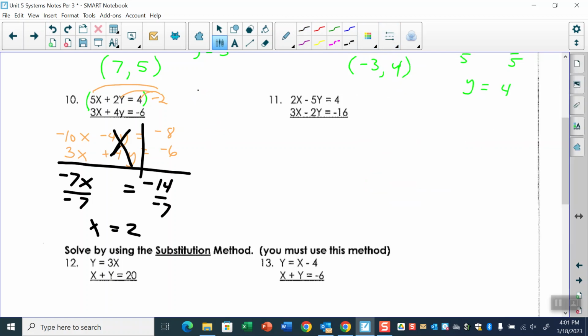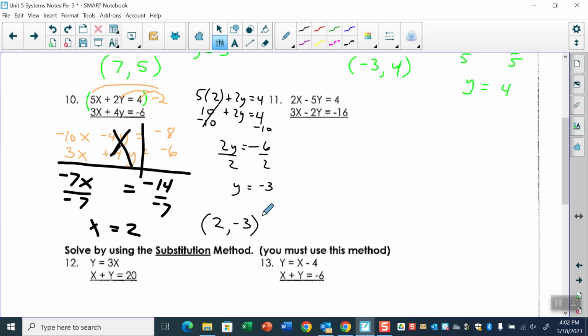So that would be 5 times 2 plus 2y equals 4. So 5 times 2 is 10, and then minus 10, 2y equals negative 6. Divide by 2, so y equals negative 3. So the point where they intersect would be 2, negative 3.